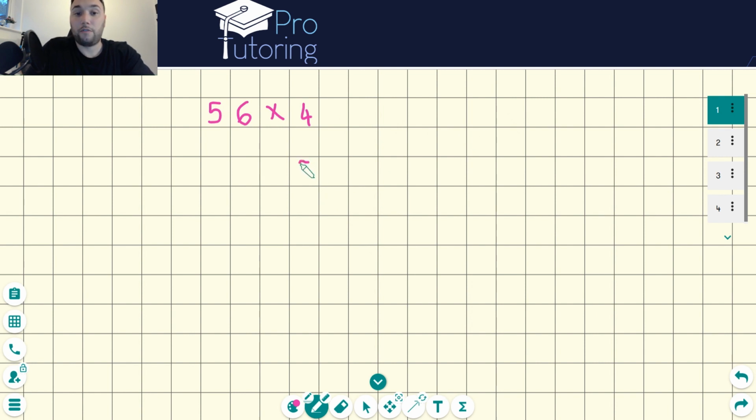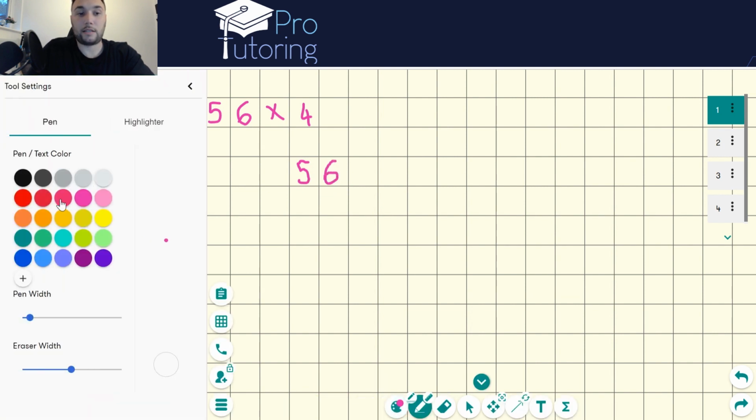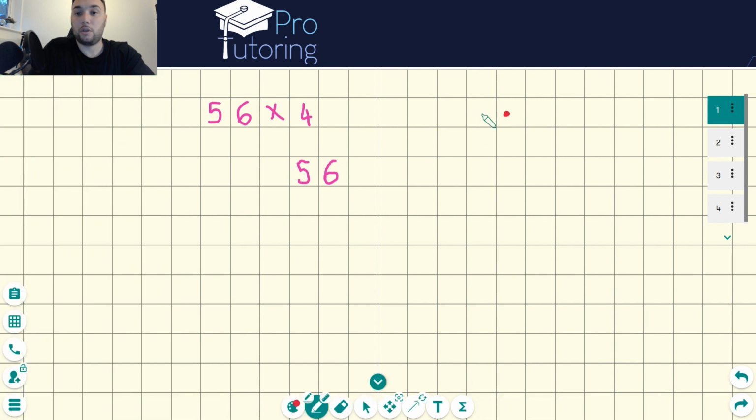So first, we write out our larger number on top. And I tell you what, let's keep a little checklist up here. So larger number on top.